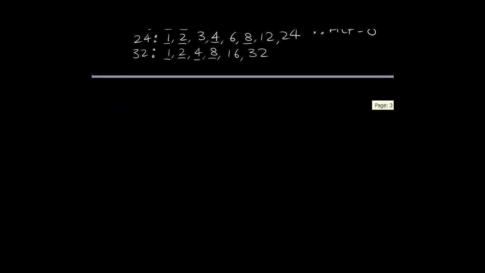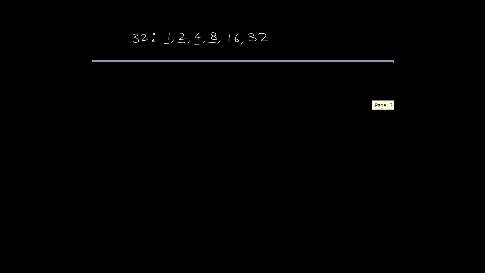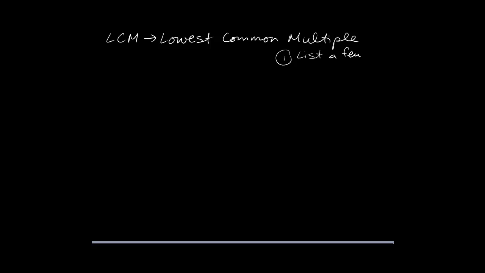Now let's have a look at the other acronym there, which was LCM. So LCM stands for lowest common multiple. Again we follow a couple of steps here. 1, we will list a few multiples of each number.